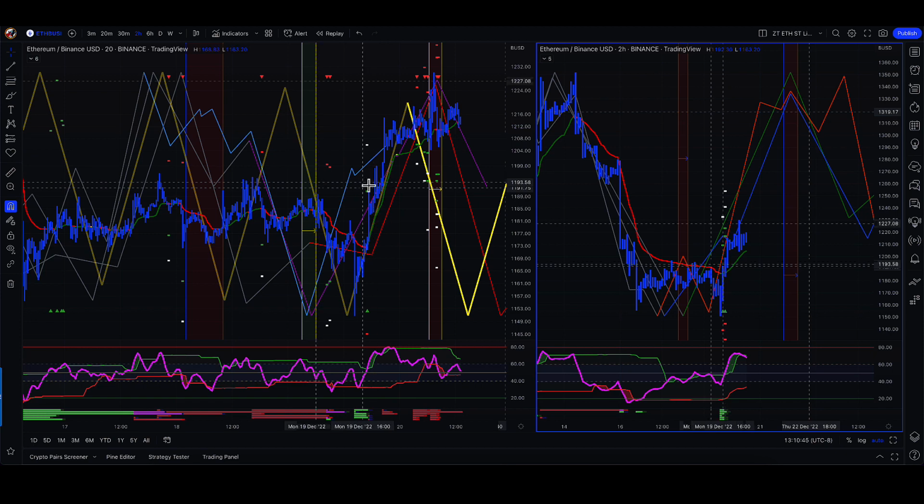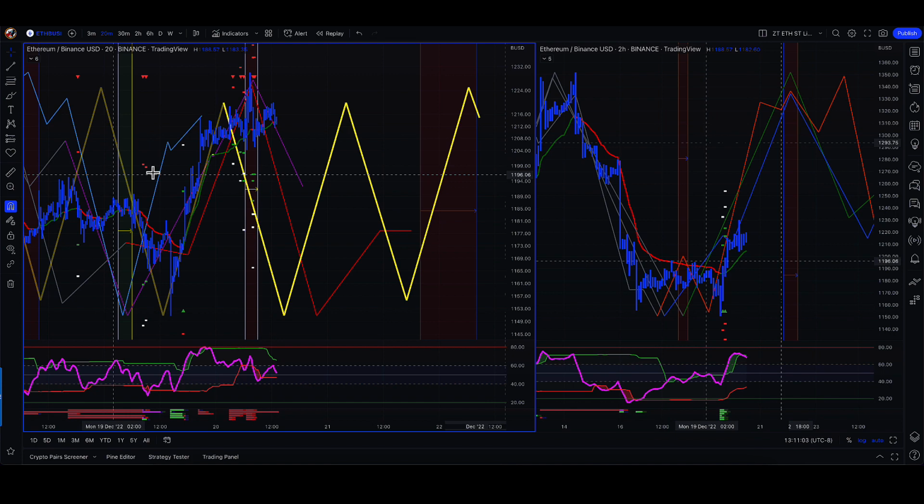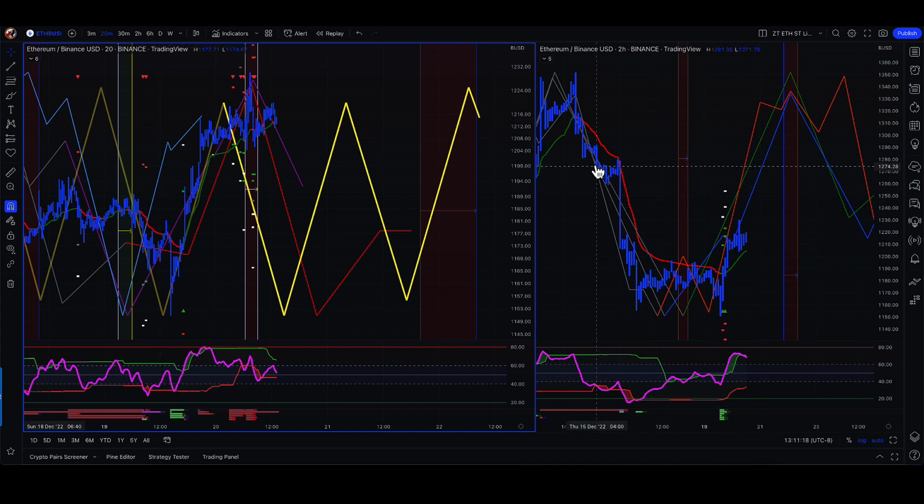So during this upwards phase here, there will be multiple bullish and bearish phases on the 20-minute chart. Just because you have a bullish phase on the 20-minute doesn't mean you'll have a bullish phase on the 2-hour. Like during this time frame, a bearish leg, let me see if I can find this over here.